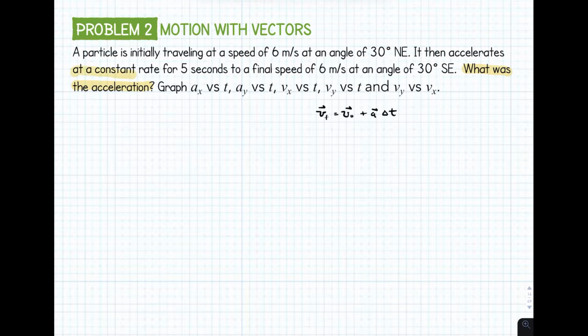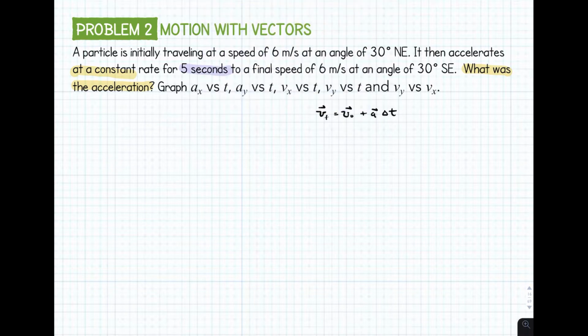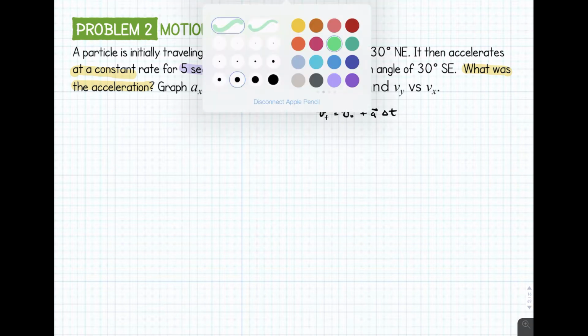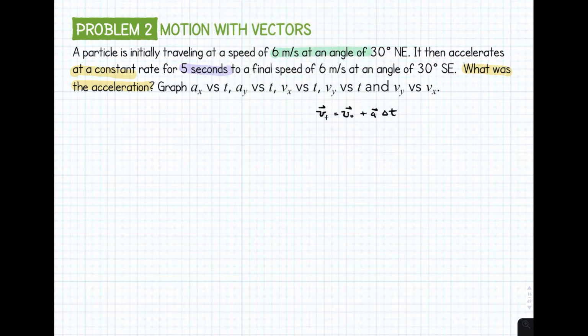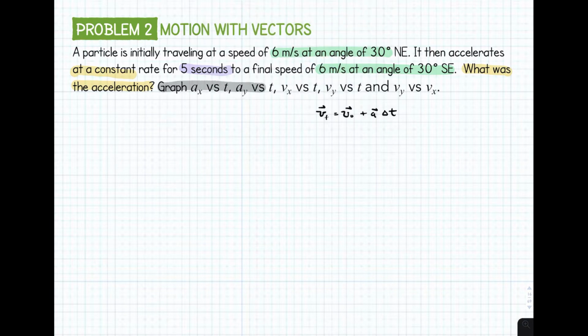And we're given time, right, 5 seconds. We have our initial and final speeds, which are actually velocities because they're given with angles. And then we want the acceleration. The other thing we want to calculate down here are these different graphs, which we'll do secondarily.